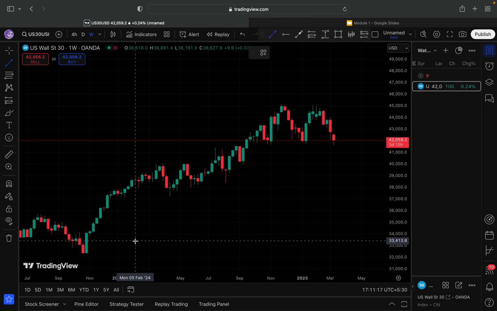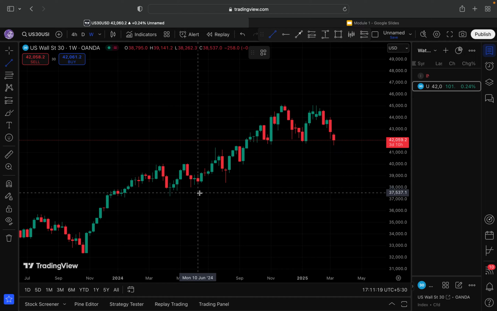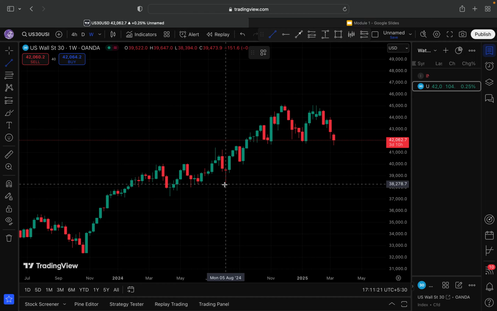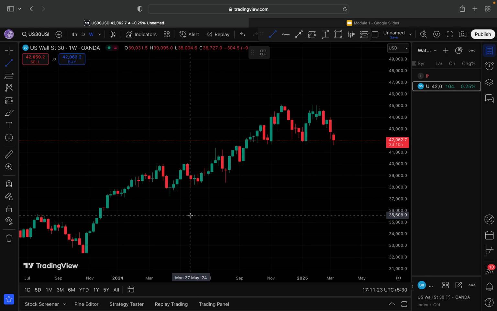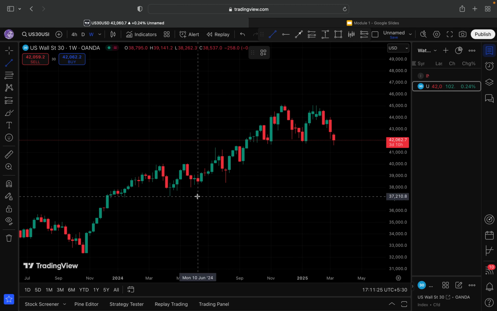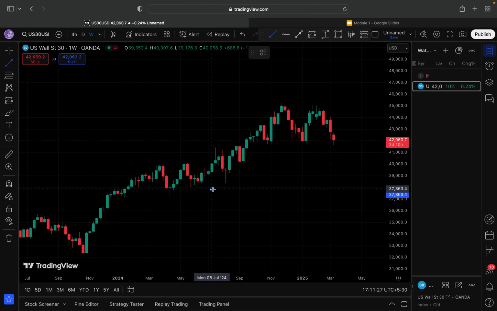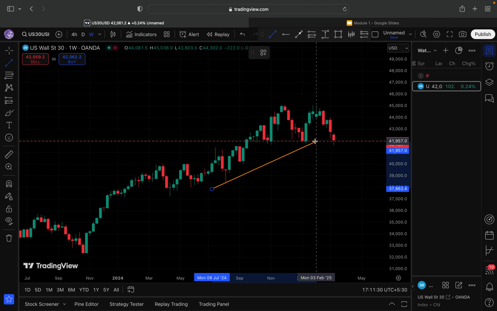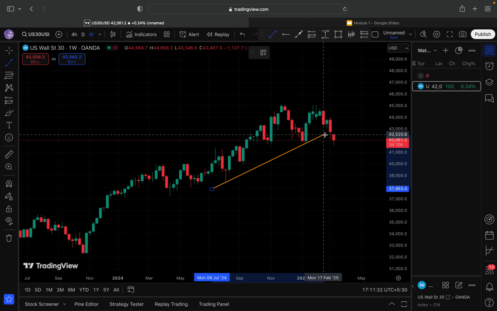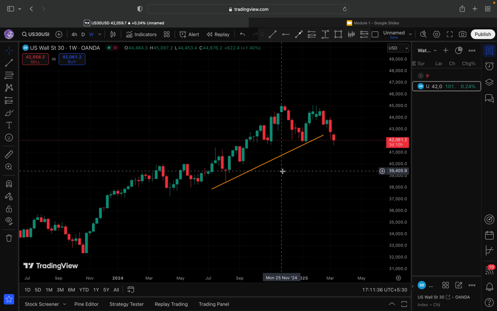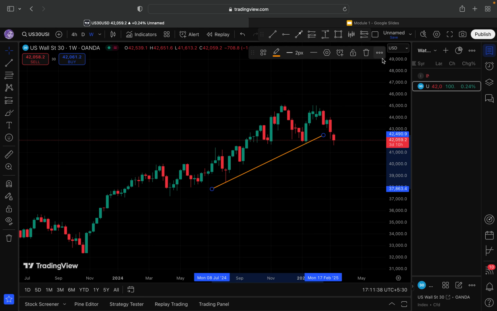And here you can see that the recent touches are this, and this. So let's go to draw. You tap here, you connect it down here. That's the first trend line. Then you can clone it.